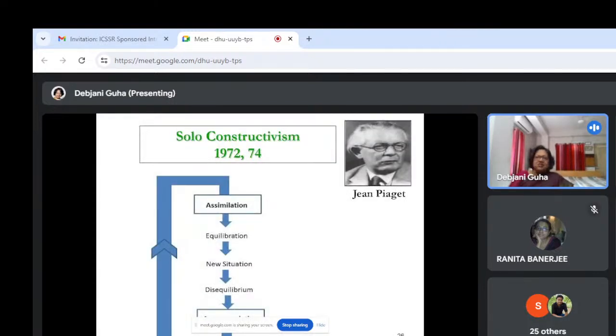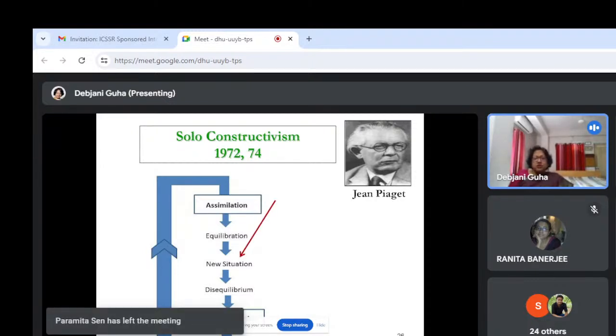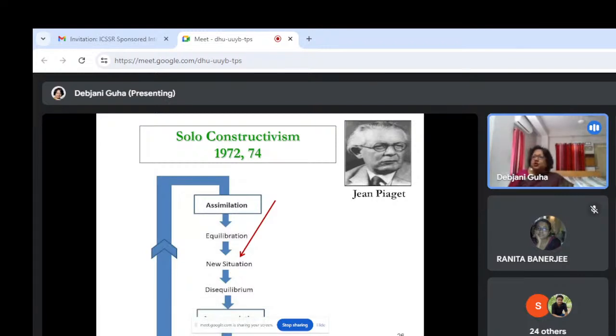After that, with Jean Piaget, constructivism came into the field of applied psychology. Here, Piaget told that when a new situation comes, at that time disequilibrium develops, a disequilibrium condition of mind.